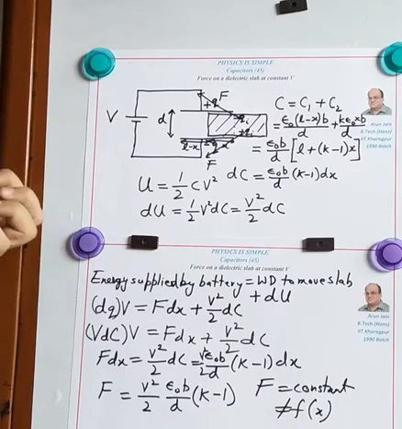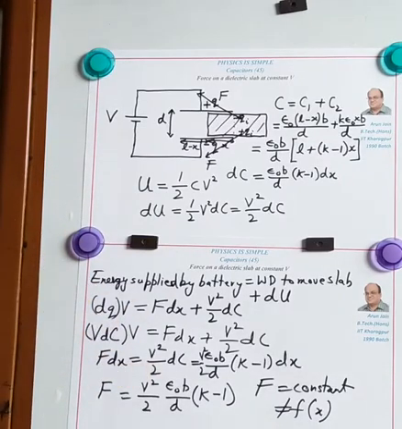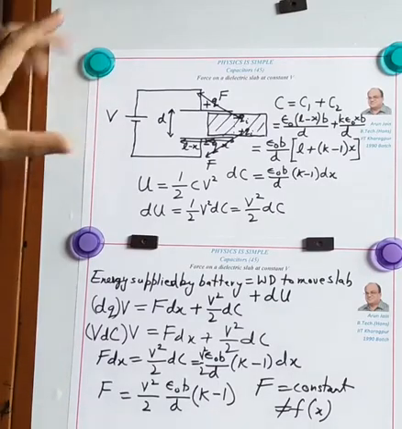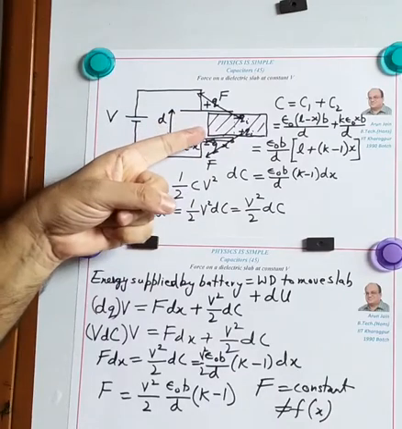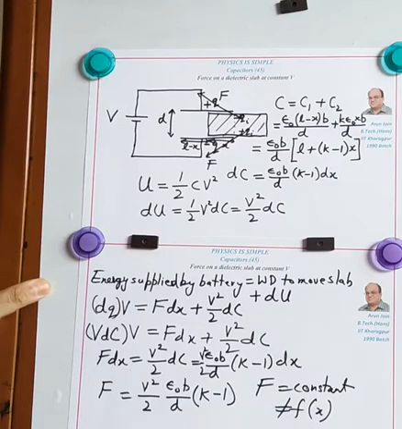Here V is constant, C is the variable, so dU became V square by 2 dC. And then we applied just energy conservation. Energy supplied by battery will be used for two purposes: to do work to move the slab inwards and to increase the potential energy. Work done to move the slab inwards is F dx. The increase in potential energy is V square by 2 dC, and the energy supplied by battery is dQ into V. And dQ is what? V dC, because V is constant, C is varying.